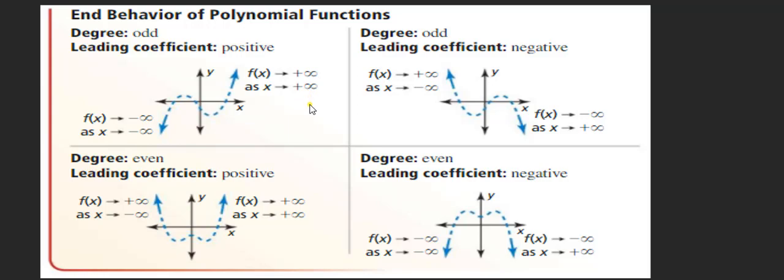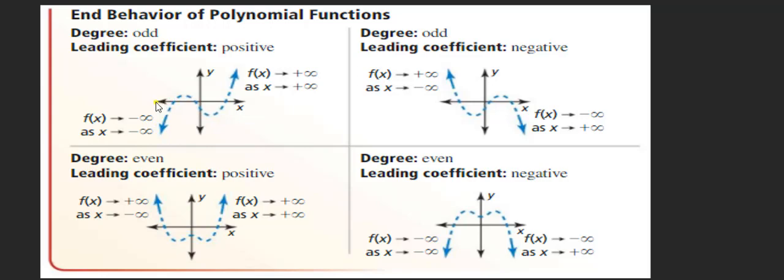That means the number is getting greater in the positive direction, like 1,000, 10,000, a million, a billion, and so forth. As x gets bigger in the positive direction, what happens to y, which is f of x? The y value, f of x, is going to positive infinity. So the graph will look like this.